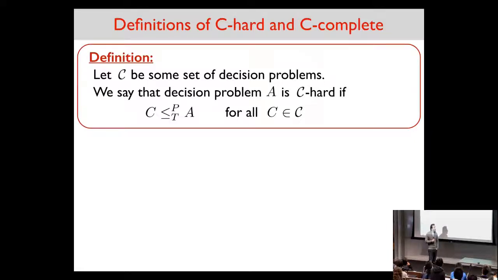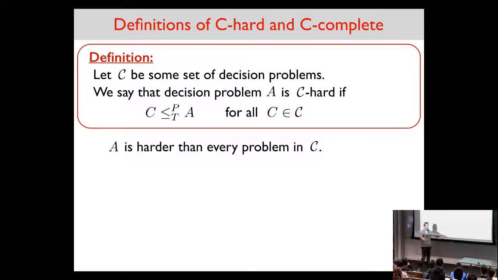We're going to say that the decision problem A is curly C-hard if every problem in this curly C reduces to A. Every problem in this class, in this set of problems, reduces to A. So A, in some sense, is harder than every problem in C. Technically speaking, you would say A is at least as hard as every problem in C, but it's okay to think of it as A being greater than every problem in C.